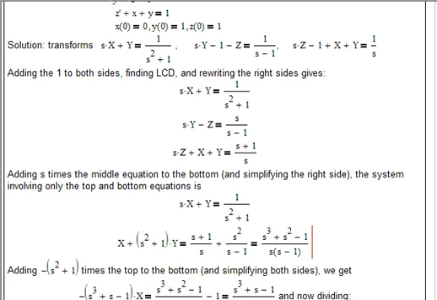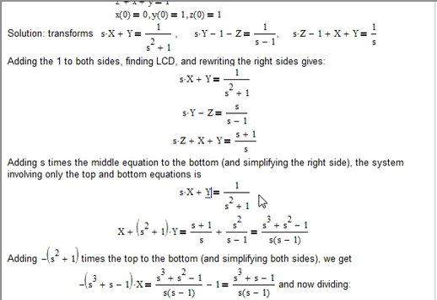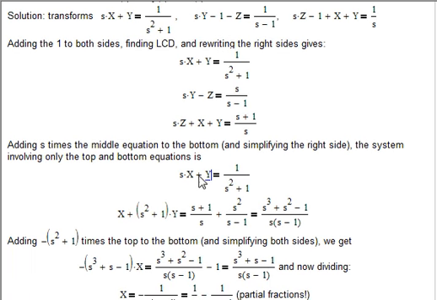So now what we want to do is use elimination by adding negative s squared plus 1 times this equation and adding it to the equation on the bottom. So negative s squared plus 1 times s is going to be negative of s cubed plus s minus 1 times x.